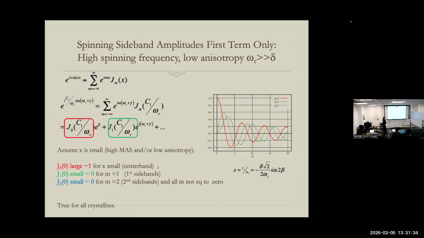And this is sort of to your point, and so you'll get J0, J1, and so on and so forth out of this one term. And if we can assume X is small, like we're trying to spin fast, then J0 is large, J1 is small-ish, J2 is smaller. Okay, but that comes out of just one term.